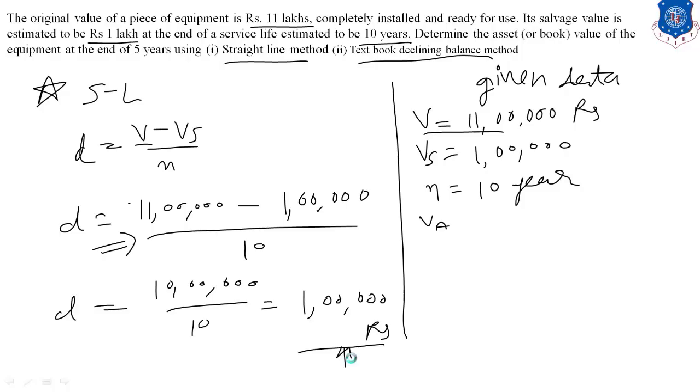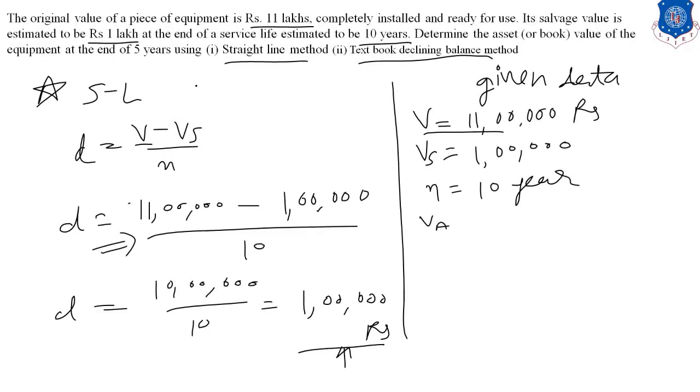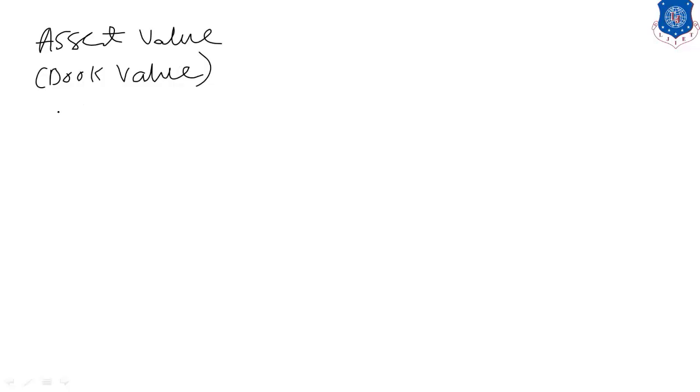Now let's find the asset value from this straight line method. Asset value, or book value. So what is the meaning of book value? Book value means original value minus depreciation till the date. So we have to find the depreciation at the fifth year. Let's consider the book value, represented by V5, equal to V minus A into D, where A is the year of that particular equipment in which we have to find the depreciation.